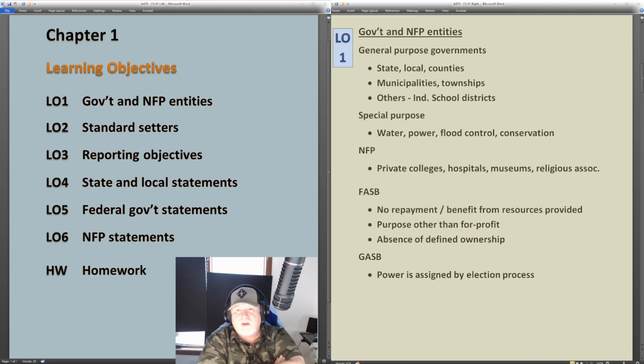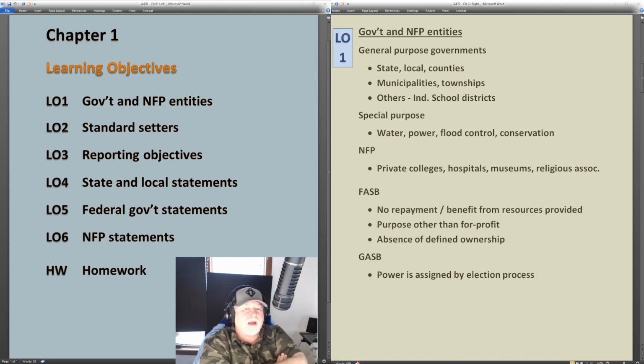So whatever the donation or grant or funding for these different types of entities, the first definition, at least from FASB's point of view, is that whoever is giving is not expecting something back directly. The second one is fairly straightforward: the purpose is something other than for profit.